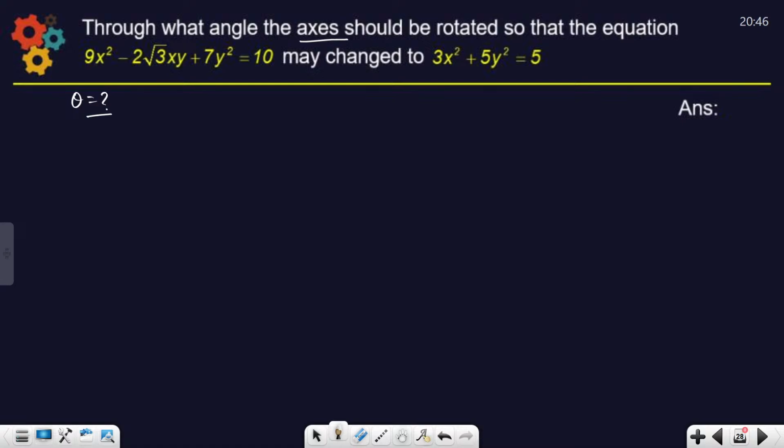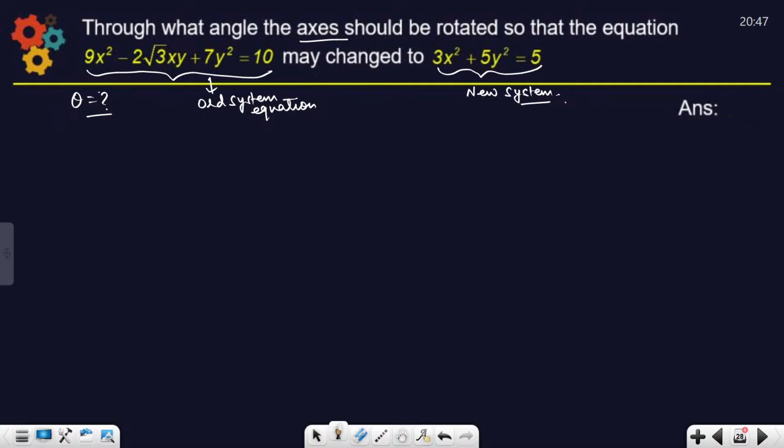What is the value of theta? Should be rotated so that the equation, this is my old system. This is old system equation. And this is the new system equation, right? This is the equation in the new system.